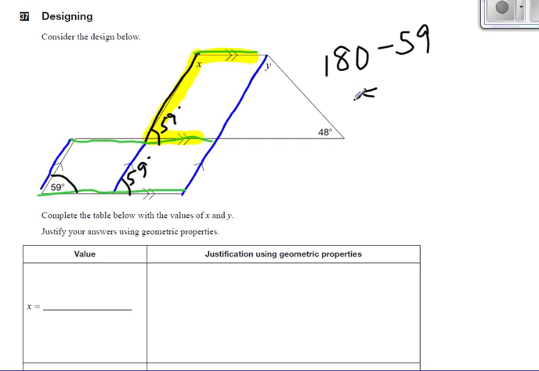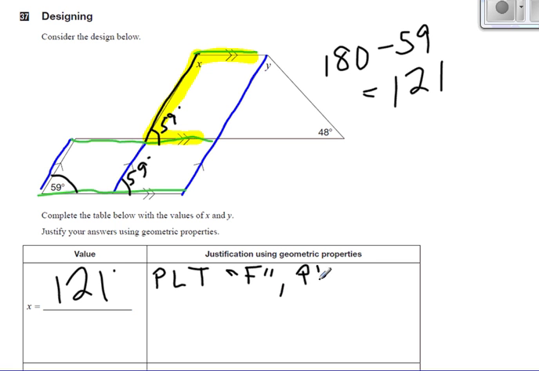So that must be the value of x. Now, how would I justify that? Well, certainly having written things on my diagram is part of my justification, but I would say parallel line theorem, F pattern. And everybody knows PLT. You don't have to write the words out. Do it if you have the time. Parallel line theorem, F pattern.